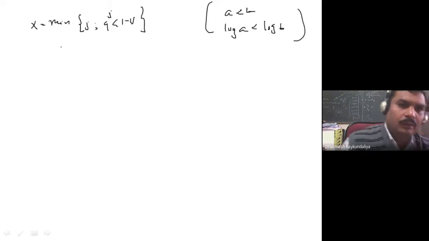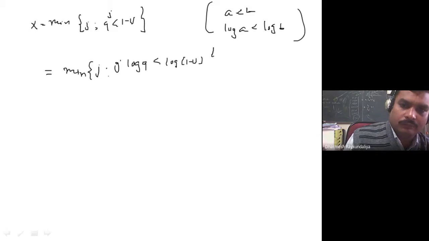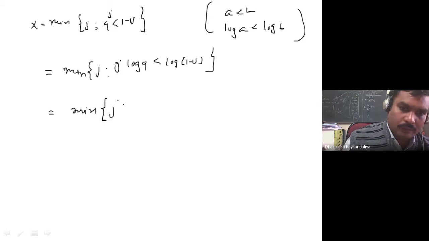So we take log on both sides, and it is the minimum of j such that j times log q is less than log of 1 minus u. So it is taking the minimum value of j if j is less than log 1 minus u upon log q.